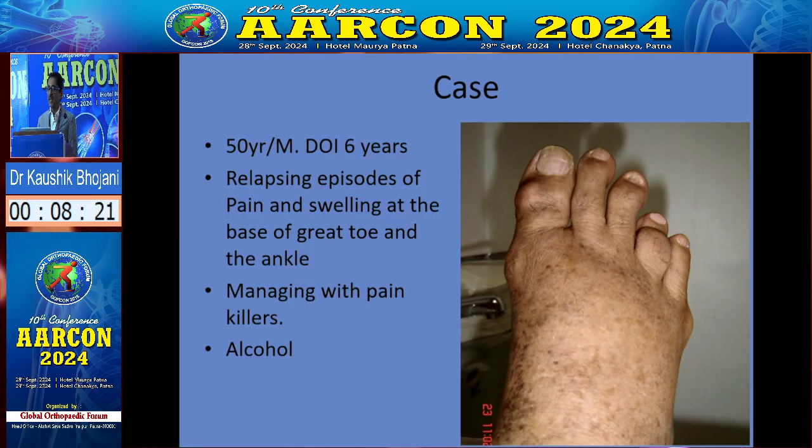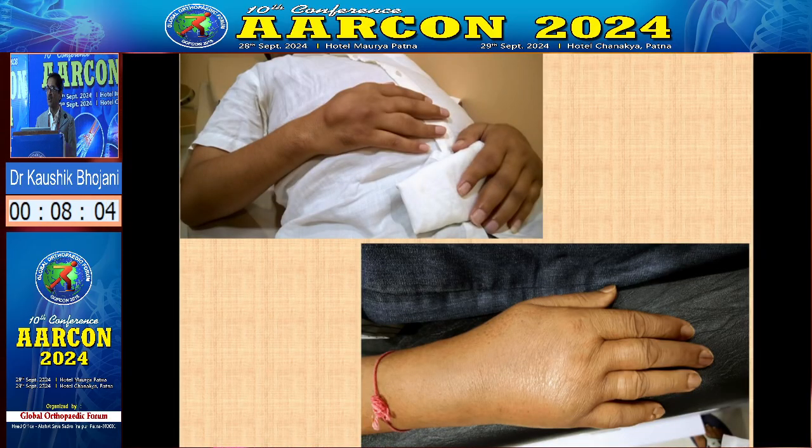But when you look at this, and this gentleman comes to you, and there's this history of alcohol, and this history of toe deformities and relapsing remitting pain, yes, you're going to say this is acute gout. You're going to give the entire diet restrictions and all of that. But what happens when you get a chronic tophaceous gout like this, who looks like a rheumatoid, behaves like a rheumatoid, the deformities are as bad, and when you do x-rays, you realize that the joints are eroded.